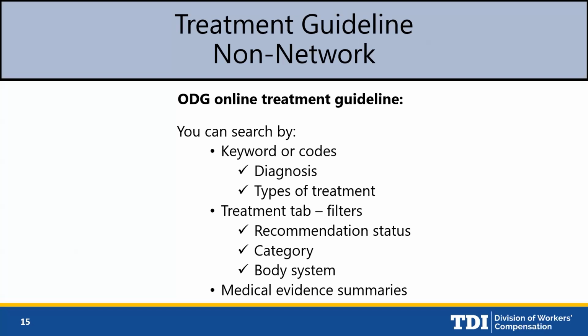So if you have a book or a piece of paper, it could be outdated because this is an online commercially available product. And you can search by keywords, codes, by diagnosis that you're treating, types of treatment. There's a treatment tab and filters. They have the recommended status or not by category, body system. And then it also has all your scientific studies.